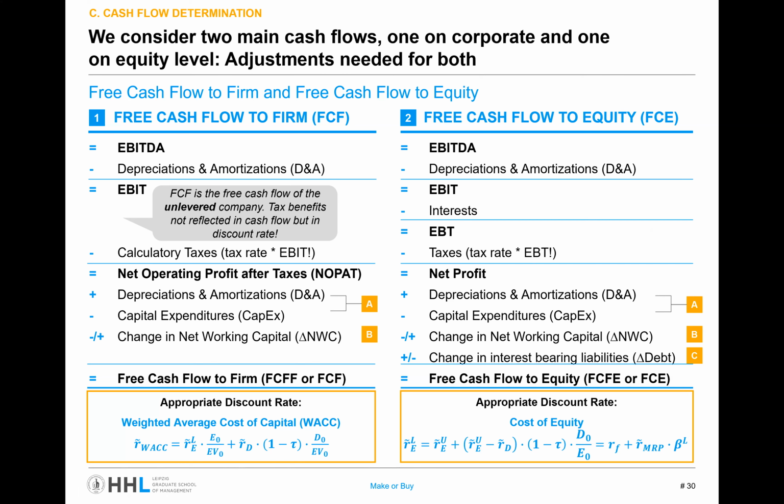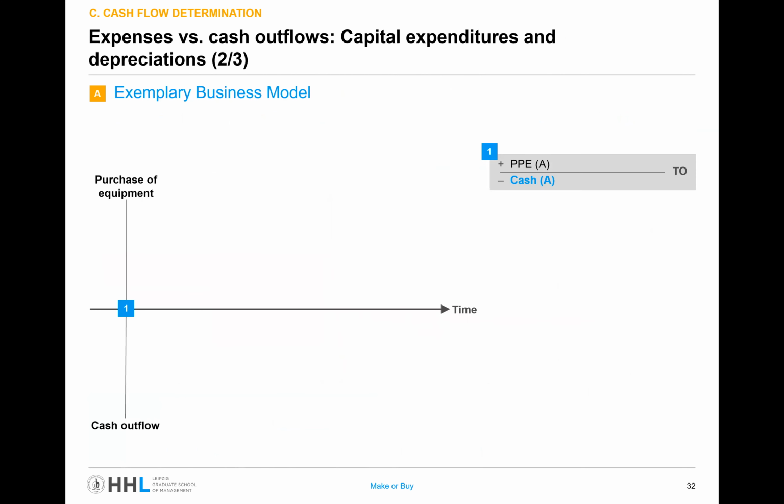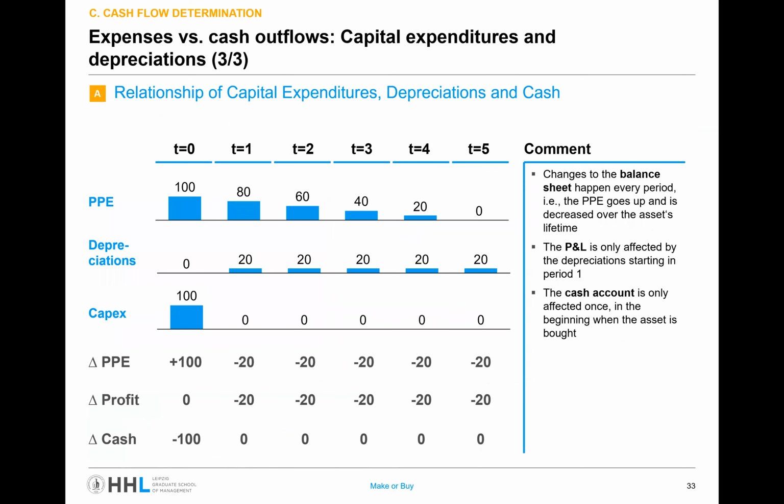By the way, those letters A, B, and C are explained in further detail on the following slides. If you go through the material, if you have that time, as I said, it's totally voluntary, but here you would get some more information. Basically what I just put in a few short words, you see written down here, how it works and why it is necessary to make that adjustment.